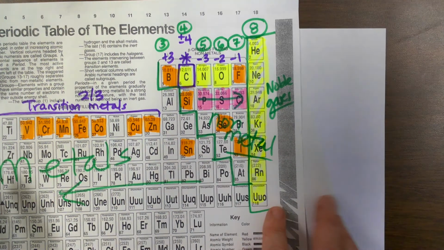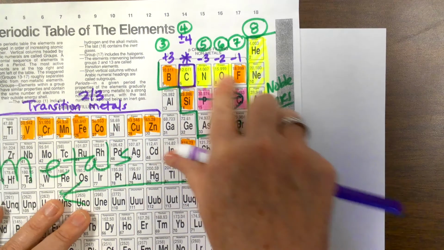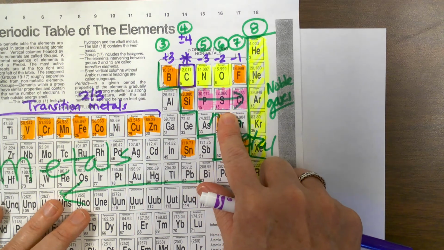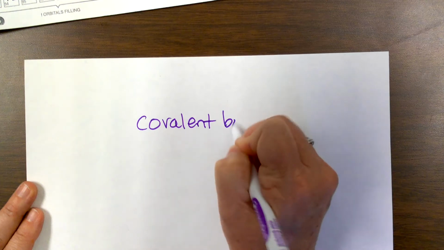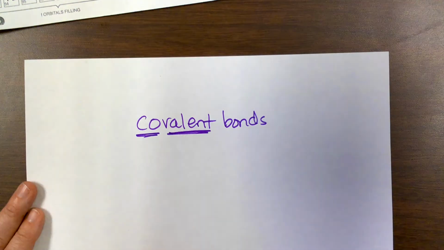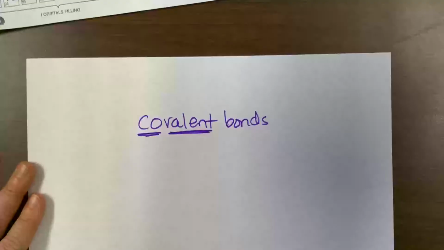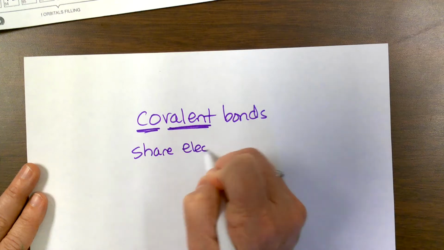And so instead of bonding with something that's going to give them electrons, they will work together and share electrons. So they'll create covalent bonds. Co means to share. Valent, so they're sharing electrons on their valence. Okay, so they share electrons.